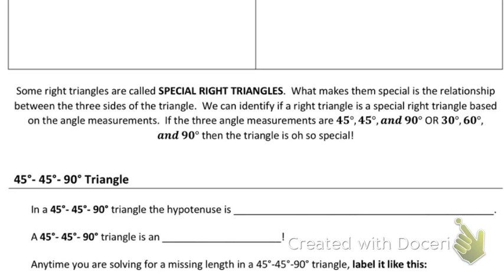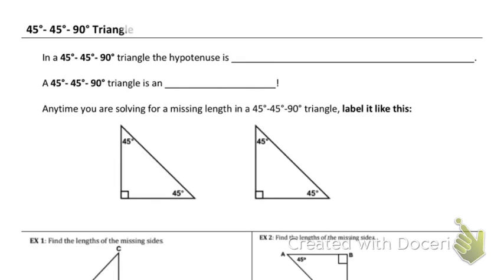The two triangles we're going to talk about today are the 45, 45, 90 and the 30, 60, 90. You need to know these when you see them, so you need to recognize the 45, 45, 90 and you need to be able to recognize the 30, 60, 90. The first one we're going to talk about is a 45, 45, 90 triangle.